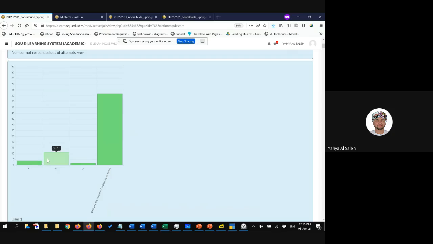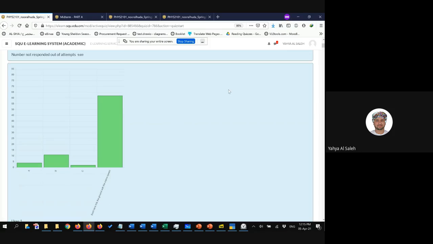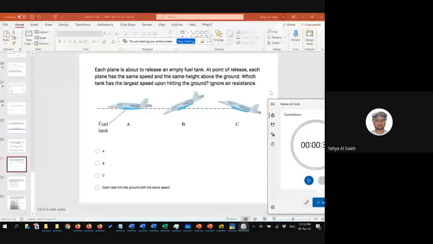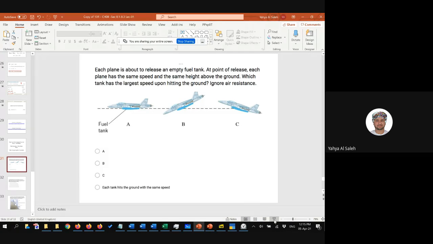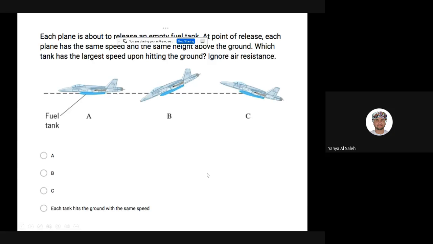A few people chose B, a couple chose A and C, but most people chose the last option. And the last option is indeed the correct option. So this is a revision of what we have been doing on conservation of energy.